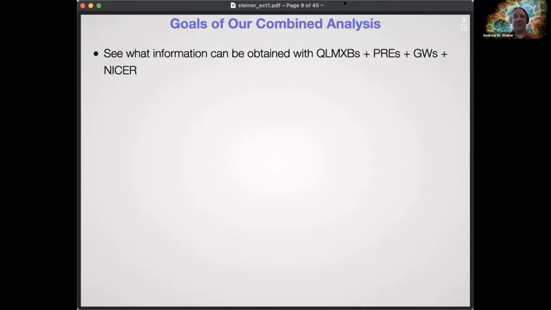We've heard a little bit about NICER. I'm not going to talk in detail about the quiescent low mass X-ray binaries and photospheric radius expansion bursts, or how the community obtains mass and radius constraints from these objects, but if you have questions about that, I'm happy to discuss it later.